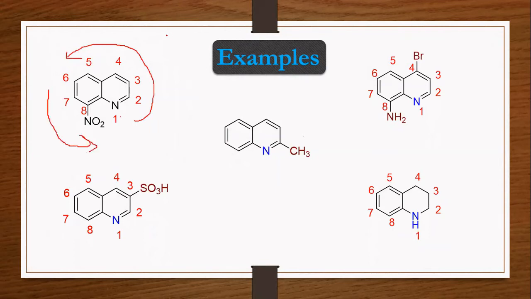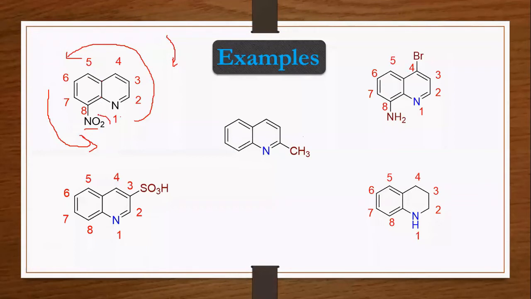If it is going in this direction, then it is clockwise. This is anti-clockwise. Now, here 1, 2, 3, 4, 5, 6, and 7, 8. Okay, good. It is 4a and it is 8a. But there is no chance of any substituent at these two carbon atoms because the valencies of these carbons are already satisfied.